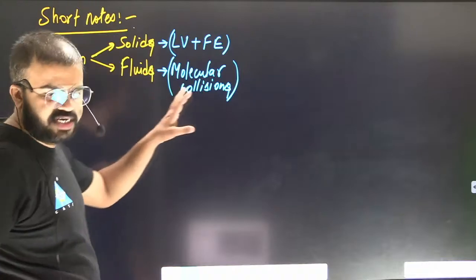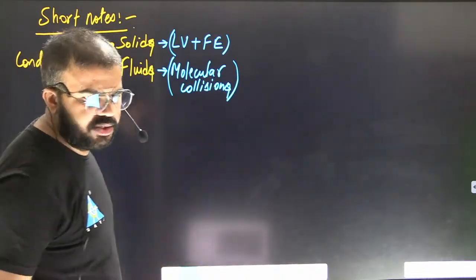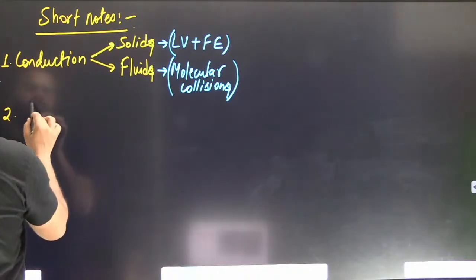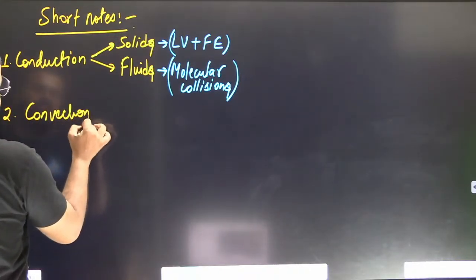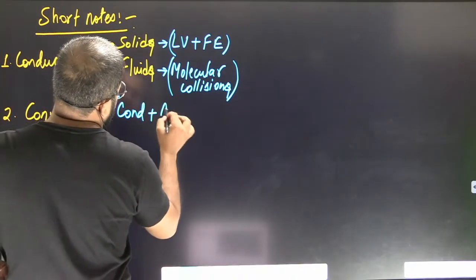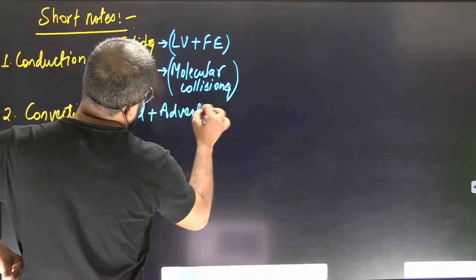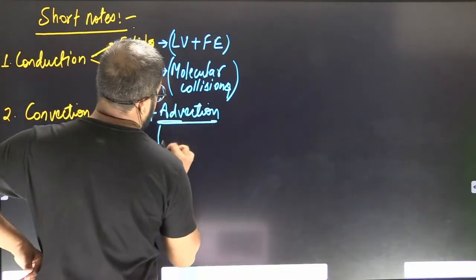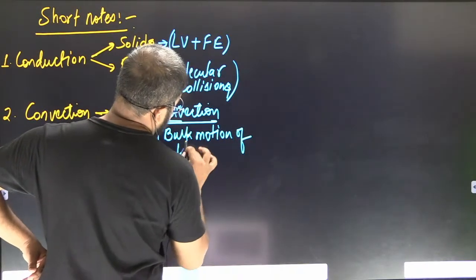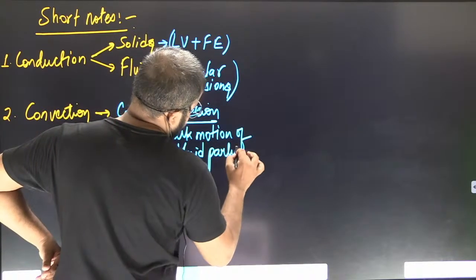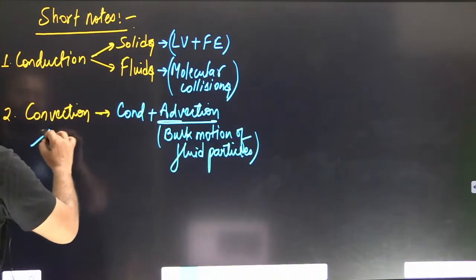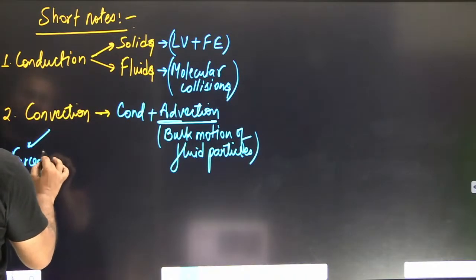Since yesterday, whatever we have studied, I'm just giving you the short notes. Number 2, convection. It is simply conduction plus advection. Conduction we know. What is advection? Bulk motion of fluid particles. It is of two types, forced and free.